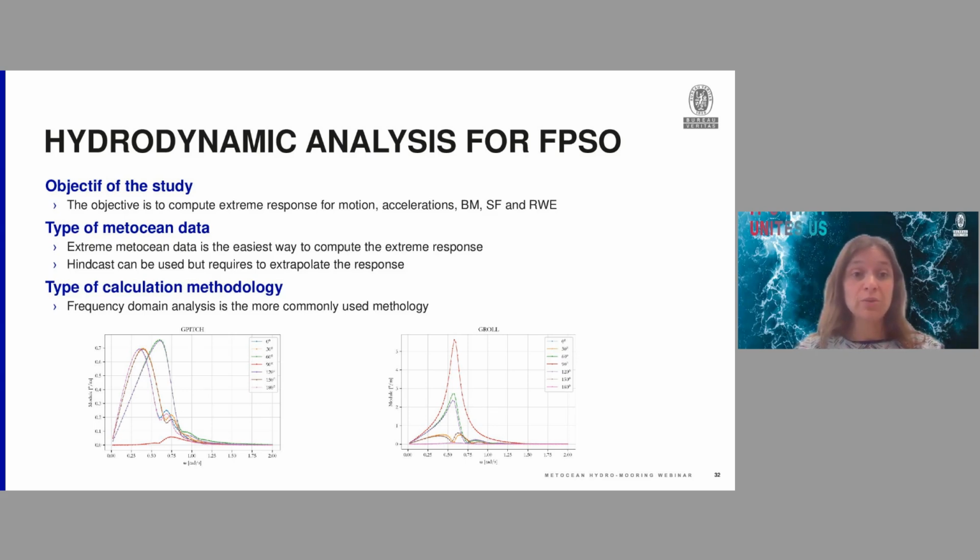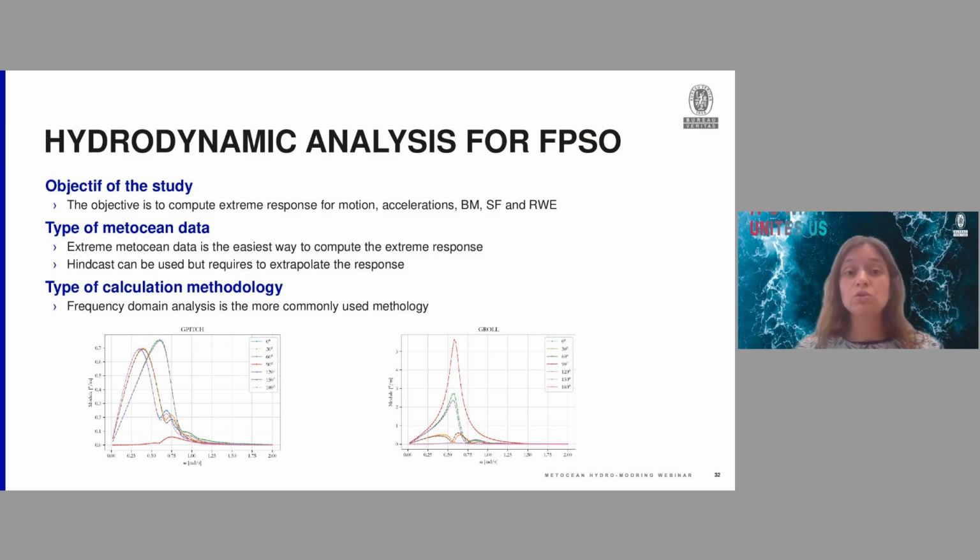So what type of Metocean data will we use in that case? The easiest way would be to use extreme Metocean data. We have extreme Metocean data, you use them in the computation, it gives you an extreme response. Easiest way. When we don't have extreme Metocean data, we can use in-case data. But in that case, we don't input extreme cases, so we don't have an extreme response.